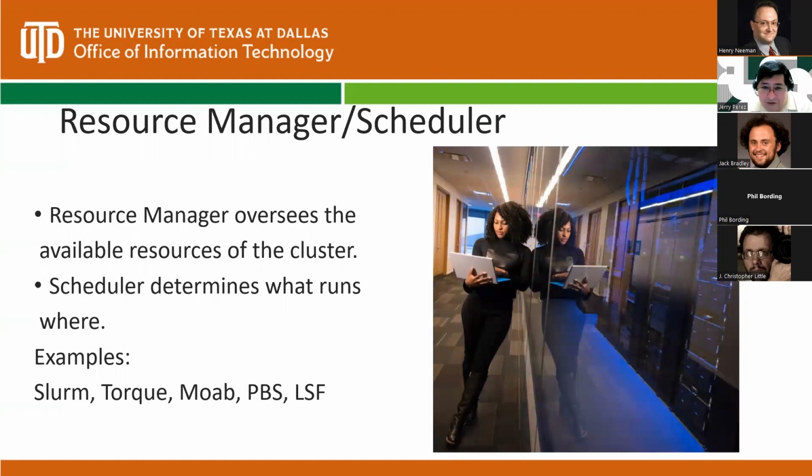There are resource managers and schedulers that are used on supercomputers. The resource manager oversees the available resources of the cluster, and the scheduler determines what runs where. For example, Slurm. I saw somebody mention Slurm in the comments. Torque, Moab, PBS, and LSF, and not all of these are free.